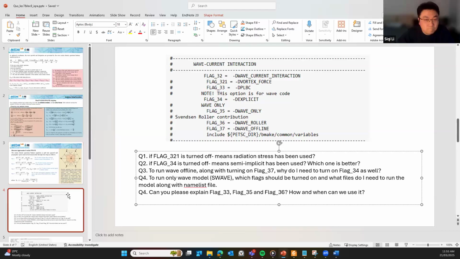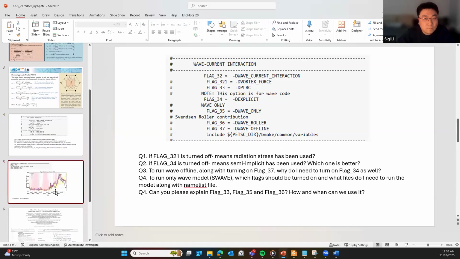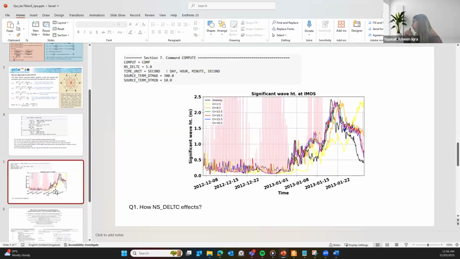Can I ask? Okay, thank you. I had a wave-current interaction model with online coupling. I have seen that with a change of the value NSDLTC in the SWAN input file, the significant wave height changes very differently. When I increase the value from 2.5 to 30.5, the significant wave height shifted leftwards.